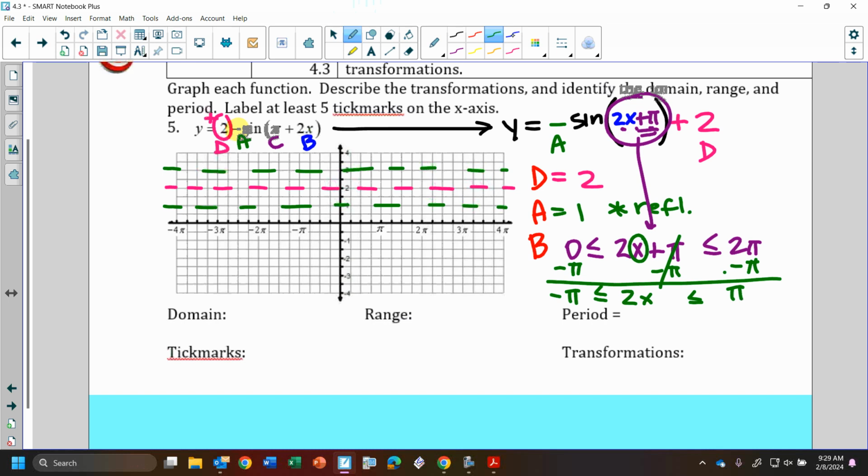What am I going to do to get x by itself now? Divide by 2. So what are my bookends going to be?